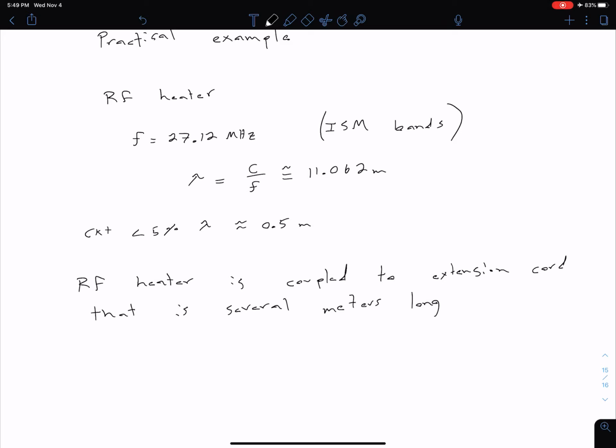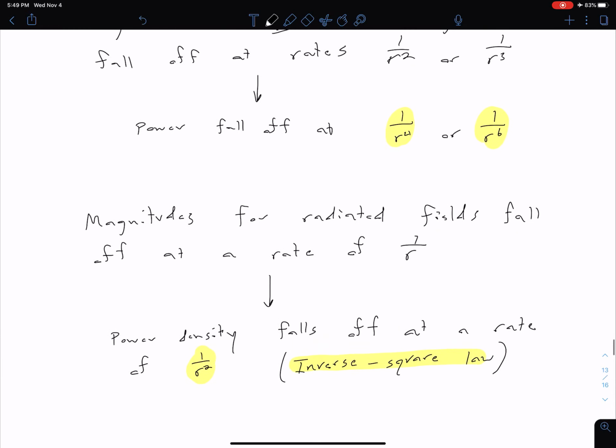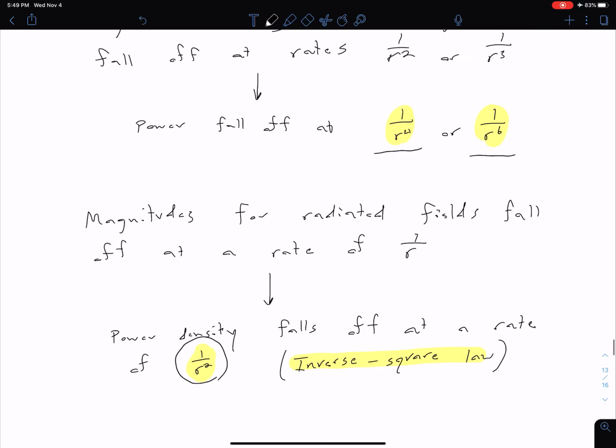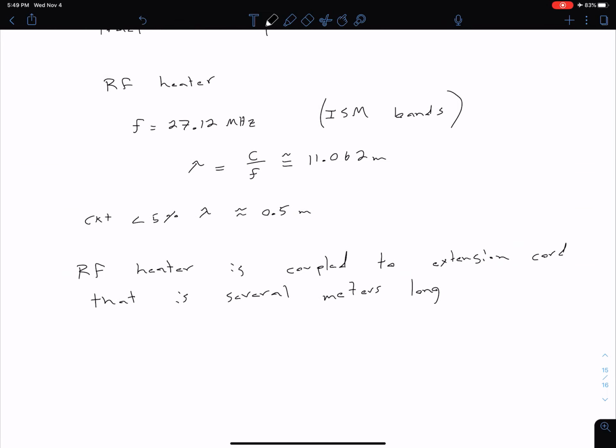What's going to happen is that this has a longer range than our electric and magnetic fields, so we're not limited to the near field, because remember, we don't have this sharp power fall off, we have this 1 over r squared fall off. So if there's enough energy in this RF heater to transmit far enough, we can see interference as far as meters away from our source.